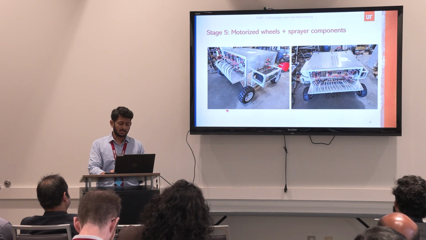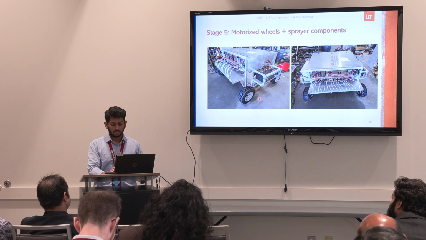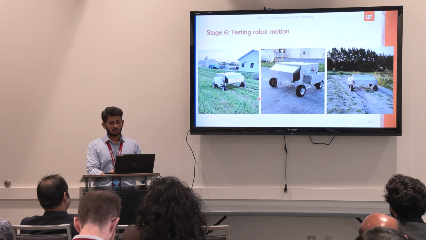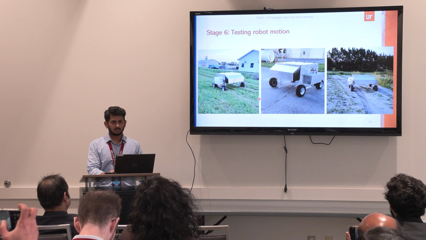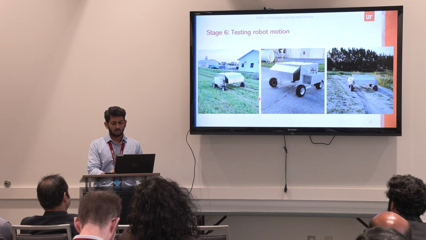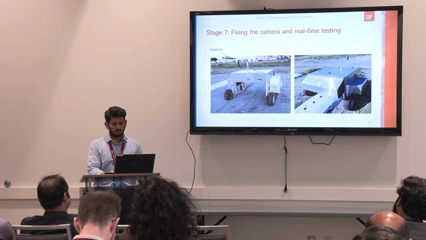These motorized ones with 16-inch wheels work very well in the sandy terrain. Once the motorized wheels were put together, we tested the robot on different terrains: grass, tar, concrete, soil. The movement was reliable, the movement was good. Once the testing for the terrains was done, we fixed the camera.